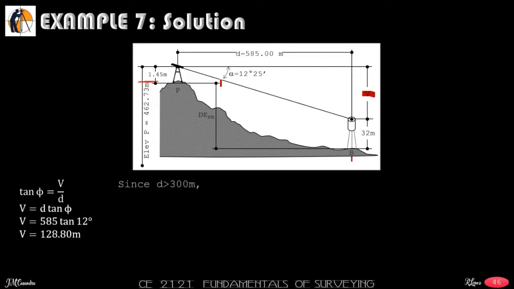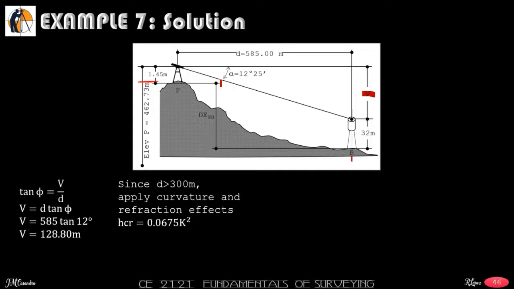So next, we solve for the curvature and refraction. Since our horizontal distance is greater than 300 meters, we'll now be applying the curvature and refraction effects of Earth. So with this, we now apply HCR, or the combined effects of curvature and refraction, equal to 0.675 K squared.